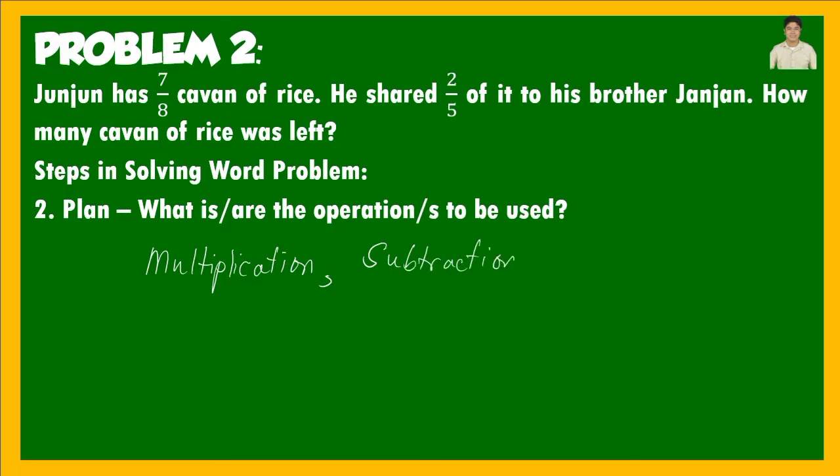So, bakit involved dito yung subtraction na operation? Because of the word left. Ibig sabihin kasi ng left na tira. So, para malaman natin kung ilang kaban of rice ang natira, kailangan po nating isubtract yung na-share kay Janjan doon sa total na kaban of rice na meron si Junjun.